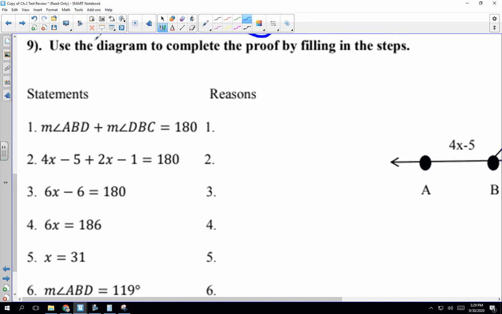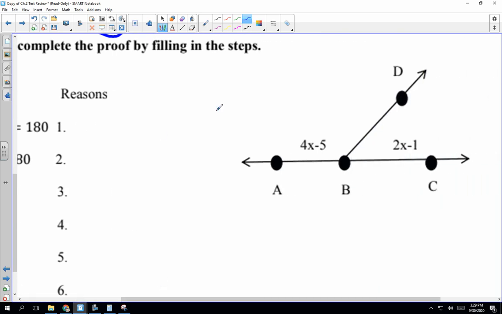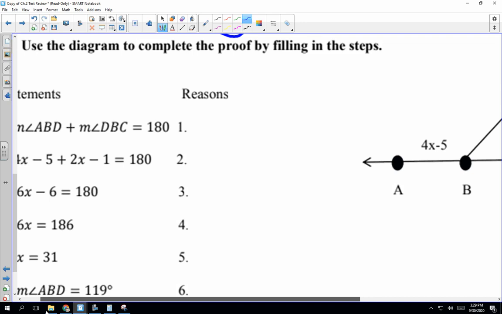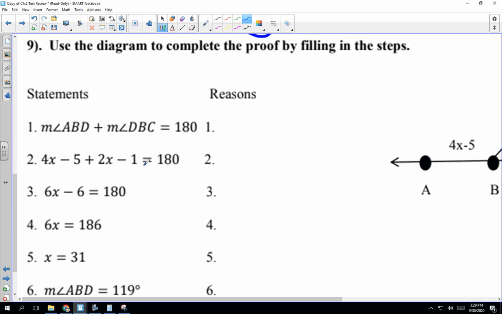Okay, we're going to use the diagram to complete the proof by filling in the steps. So we are going to answer the reasons for all of these little buddies here. We are given this figure, and we're going to fill in the reasoning here.